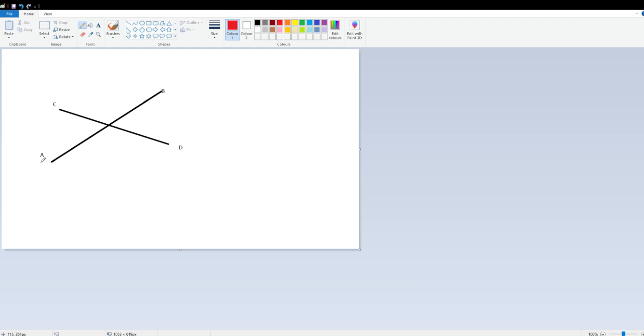The only way AB can intersect with CD is if the direction is opposite. It's not so much the direction of this line, because what is the direction of a line? This line can be like this, and this line can be like that. That's why you see a lot of algorithms focusing on orientation.